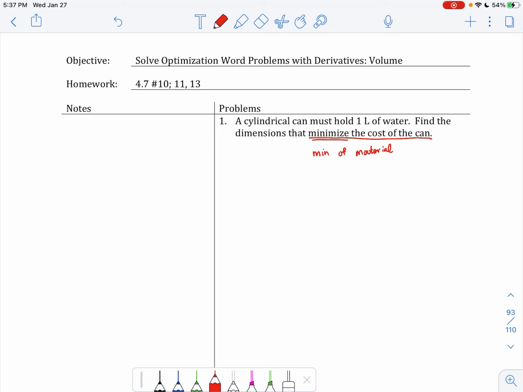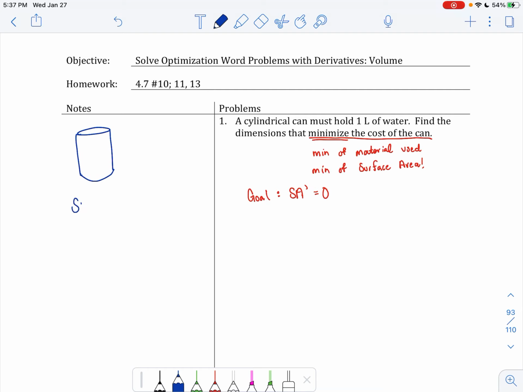Minimum of material used. Now, the material used to make the can is the surface area. So this is the function that you actually want to use: you're looking for where the surface area's derivative is equal to 0. Now, let's review cylinders. As I said, you can look up formulas as you need them.